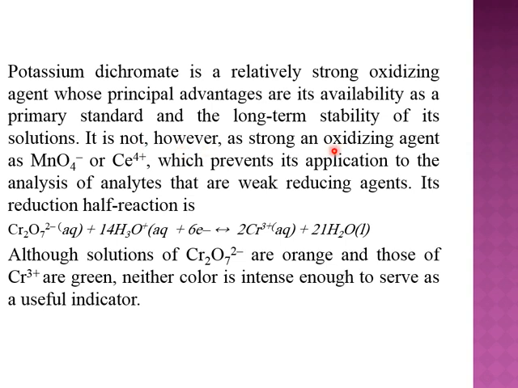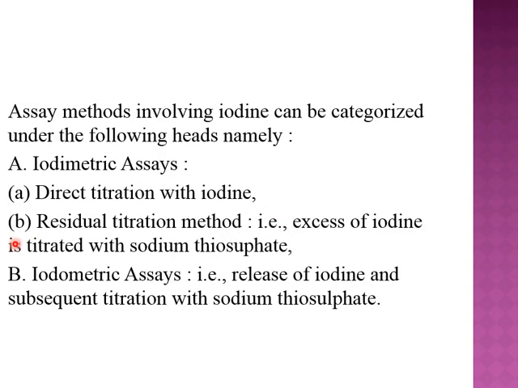However, since it is not as strong as cerium and permanganate, it is mainly used for titrating strong reducing agents. This prevents its application to analytes that are weak reducing agents. Although dichromate has a different color in the oxidizing form and reducing form, this color is not intended to serve as a self indicator.